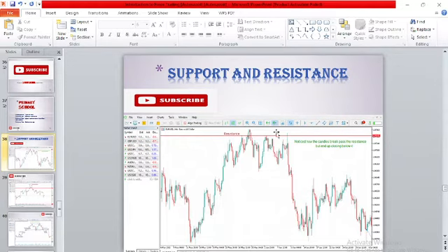It was as if the market just broke, but was just trying to test the level. So how do we truly know if support and resistance is broken?